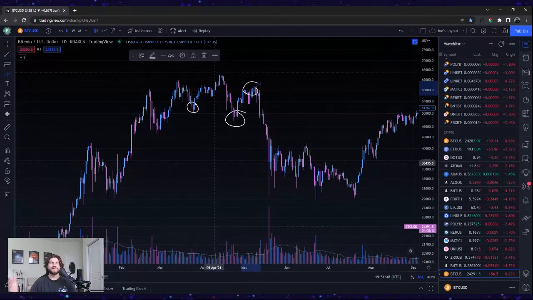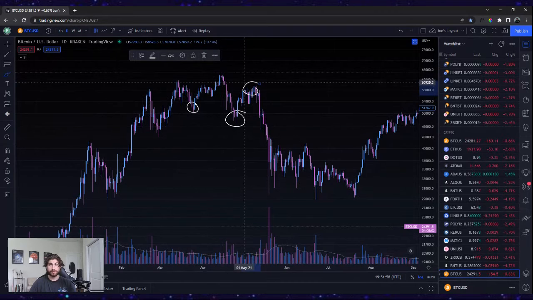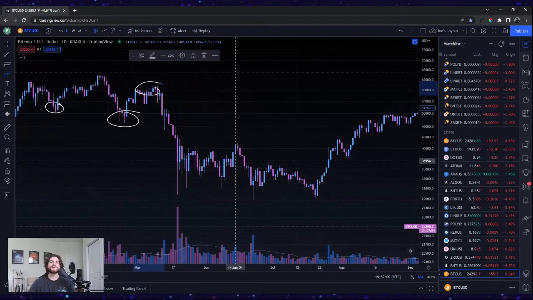Now, again, this isn't gospel. This isn't what happens every time. But if you think about it, if you have, what is this, like 6 months straight of higher highs and higher lows, and then finally you're showing some divergence from that trend, you print a lower low, you print a lower high, right? And then from there, it was nothing but lower lows and lower highs for a while, right? So there's your low.